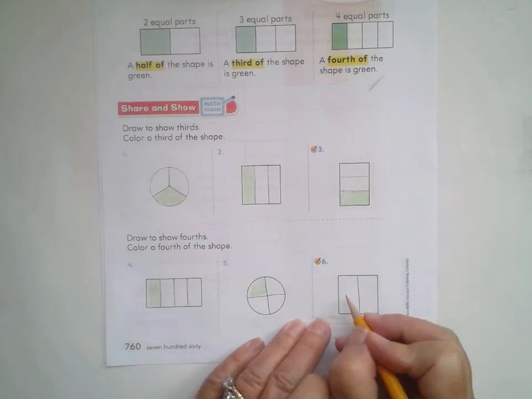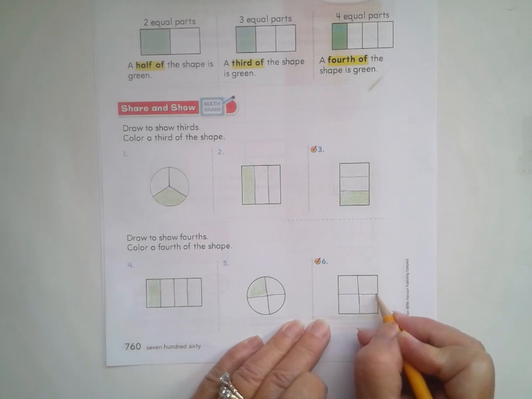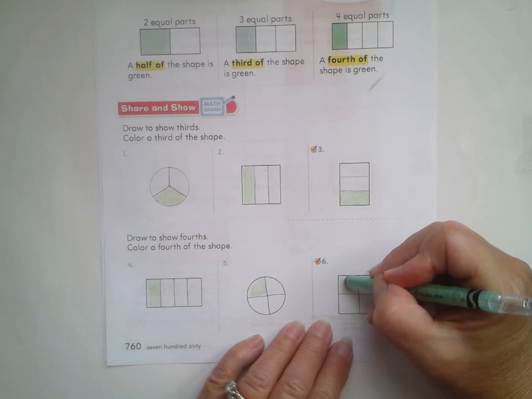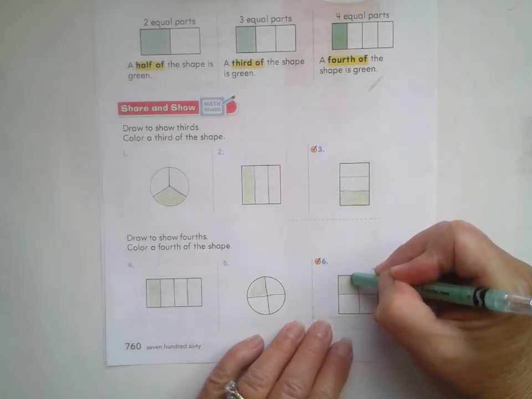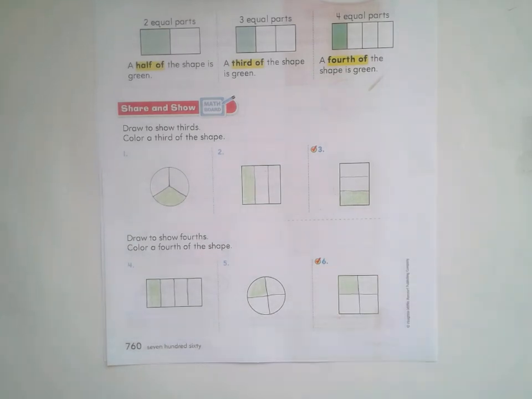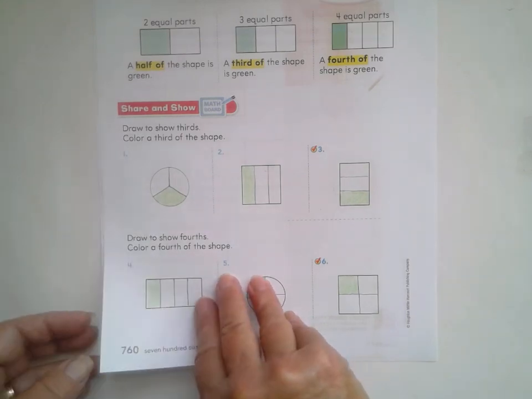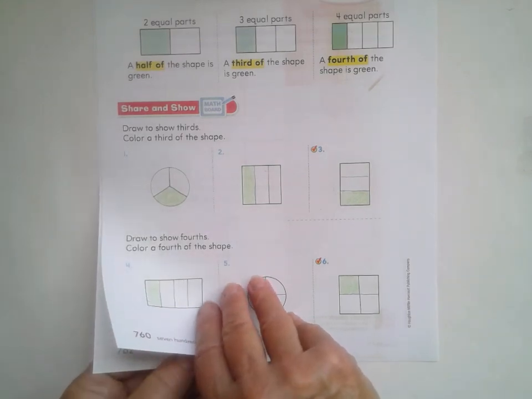Then I'm going to go across this way and color in 1 of the 4. We're going to go to the next page, which is page 761.